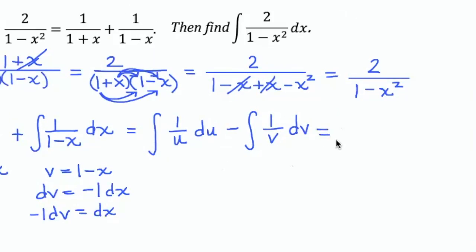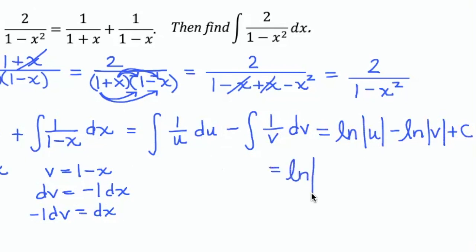So we're going to get natural log of the absolute value of u minus natural log of the absolute value of v plus our constant. And now I substitute u and v back. So I get 1 plus x in my first absolute value sign, and I get 1 minus x in the second one. And that was a fairly simple integration to do.